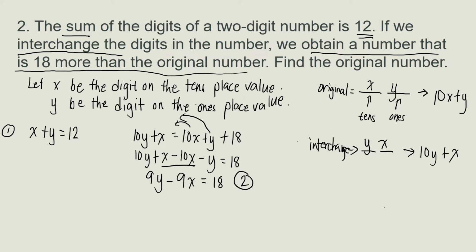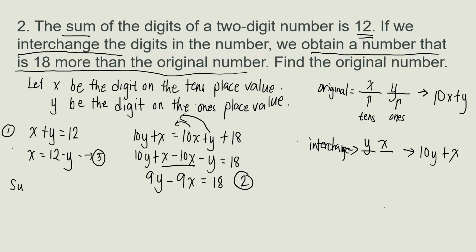This time I will use substitution. Since the first equation is simpler, let's rewrite this one, solving for x. So you will have x is equal to 12 minus y. Let's write it as equation number 3.